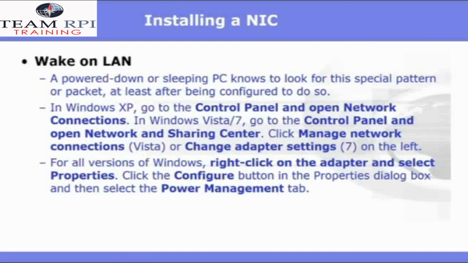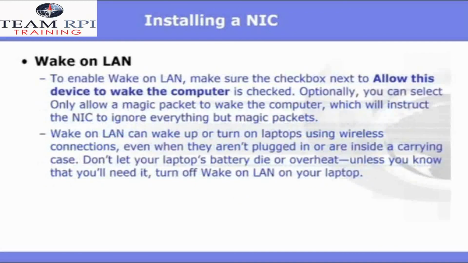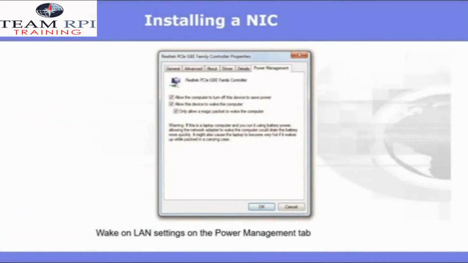Right-click on the adapter that you wish to wake up and select Properties. Then you'll click the Configure button in the Properties dialog box and then select Power Management. To enable Wake on LAN, make sure the checkbox next to Allow this device to wake the computer is checked. It'll look like this.